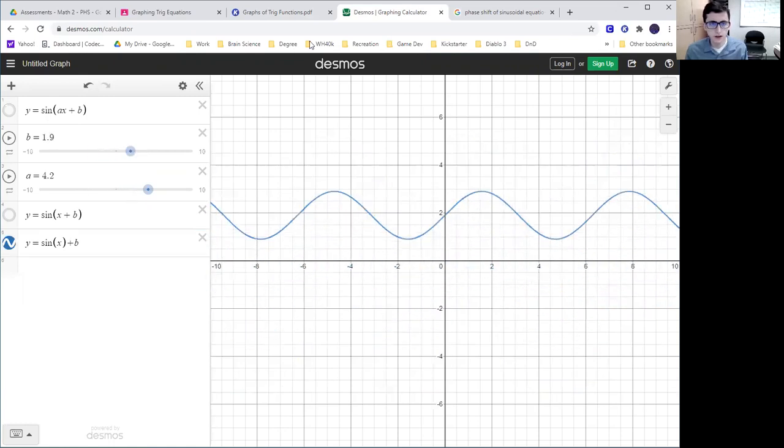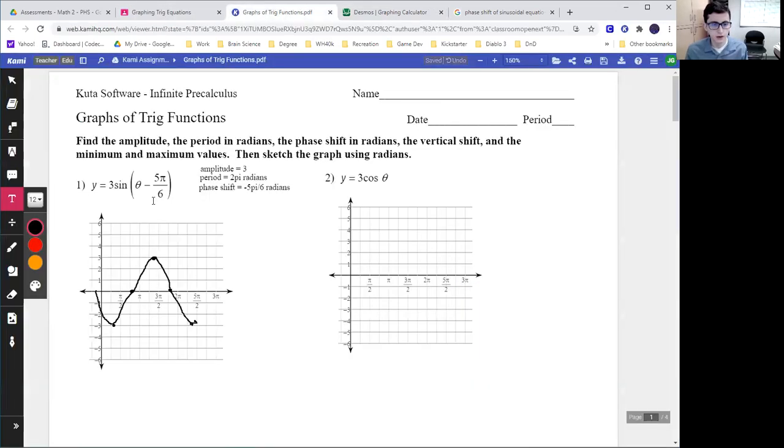This does not happen in our example. And that will happen when you're adding or subtracting something at the end. So that's not happening. There's no vertical shift. The minimum value is -3 and the maximum value is +3.